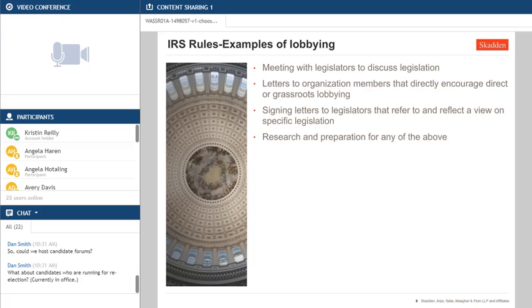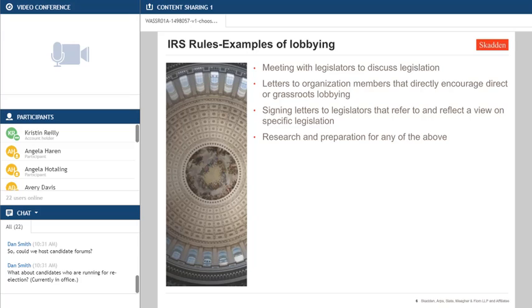Everything that you've spent on preparing the letter for this issue, where it takes a position on this particular legislation, is lobbying. Over here, where you're just saying that the president should revoke some executive order, that's not lobbying.